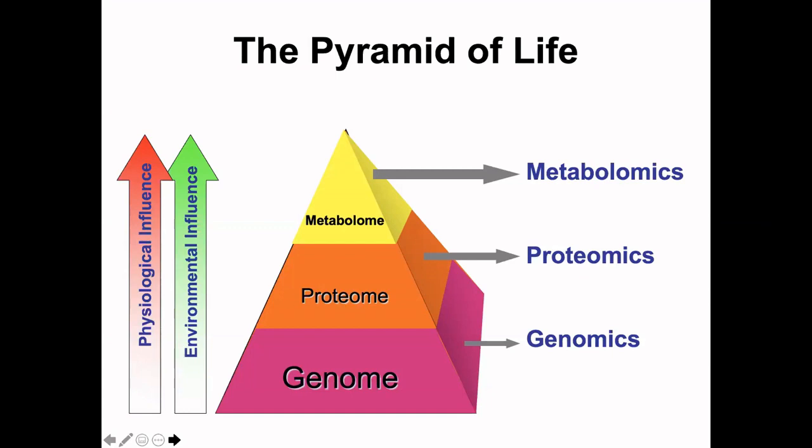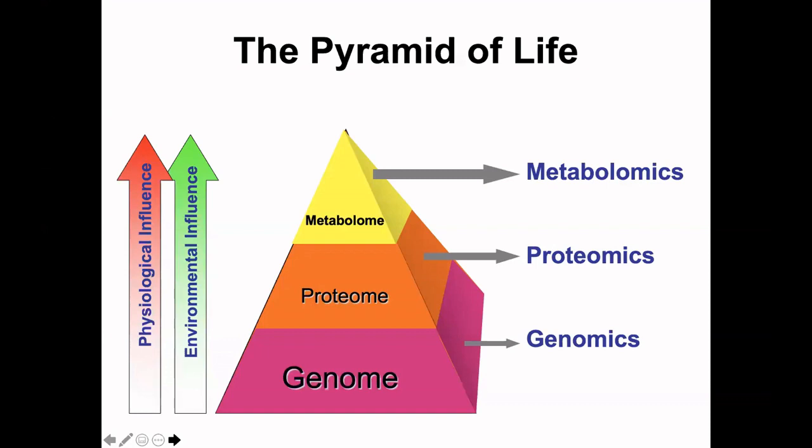The genome is almost immutable. It doesn't really change with environment. It doesn't really change from physiology. The genome of the heart tissue is identical to the genome of muscle tissue or of the stomach or the brain. But the metabolome in heart or muscle or brain is very, very different.